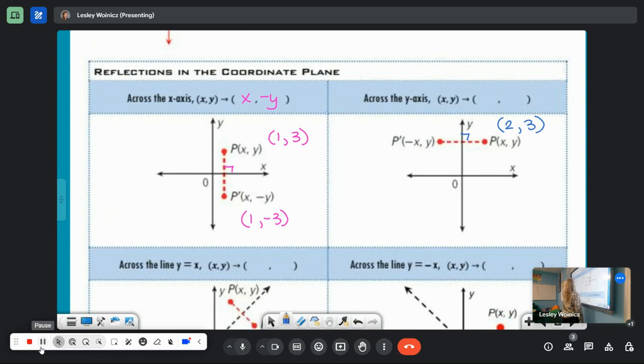So we're going to keep the 3. What changed? The x became negative. It's the exact same distance away, but on the opposite side. So now it's negative 2, 3. My 3 didn't change from my y. This time I'm keeping the y, but I have to change the sign for the x. And that's the coordinate rule.